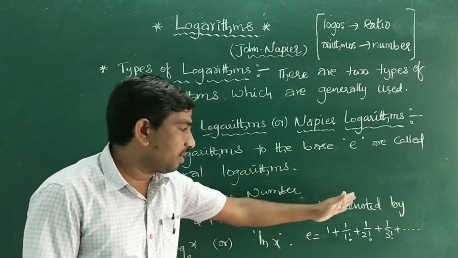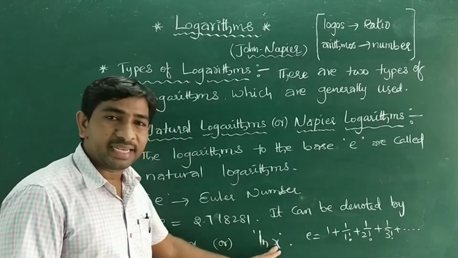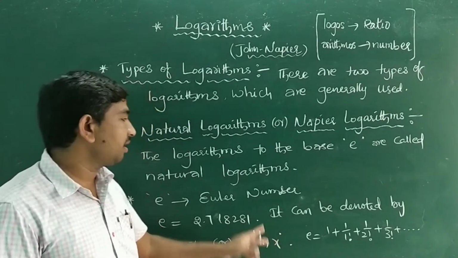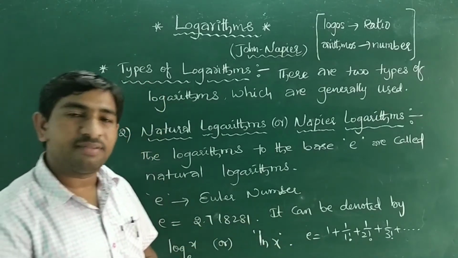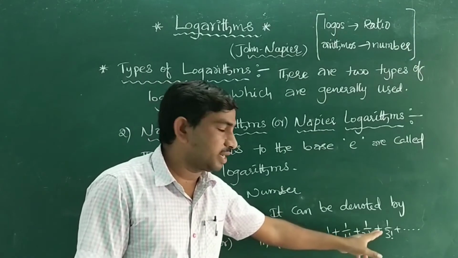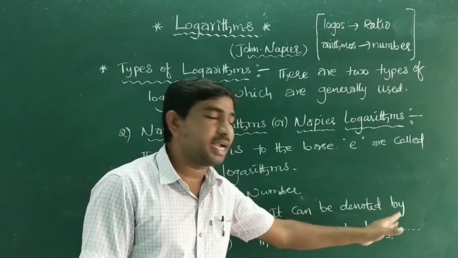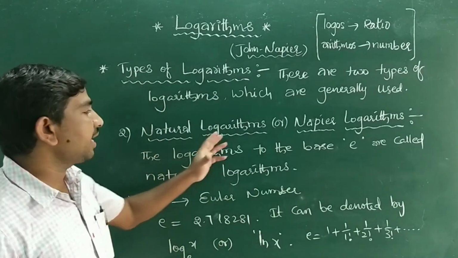It is denoted by log x base e or ln x. This is the notation of natural logarithms. How can we determine the e value? 1 plus 1 by 1 factorial plus 1 by 2 factorial plus 1 by 3 factorial and so on. You will learn this in higher classes.